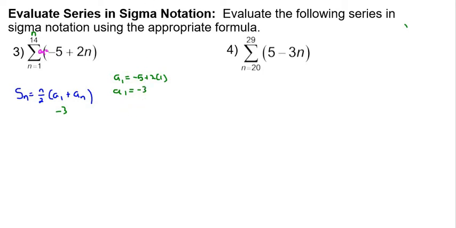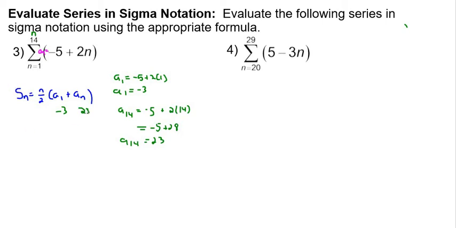I just follow order of operations: -5 plus 2 times 14, which is -5 plus 28. So a of 14 is equal to 23. I'll put 23 here.